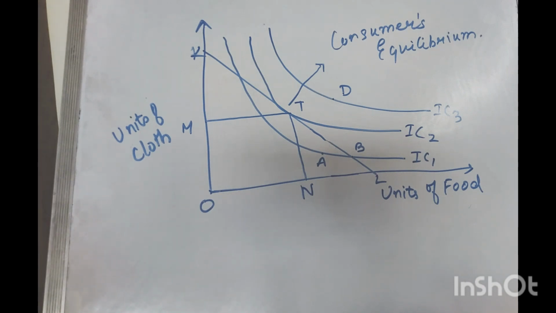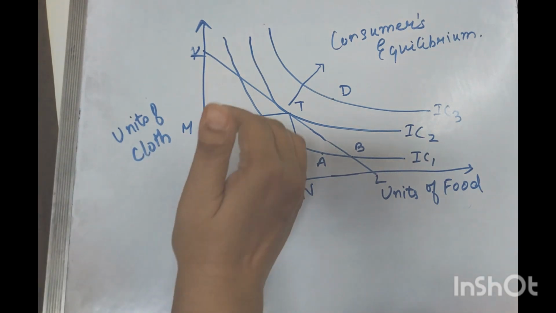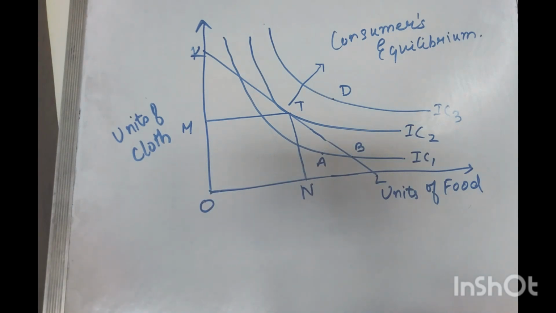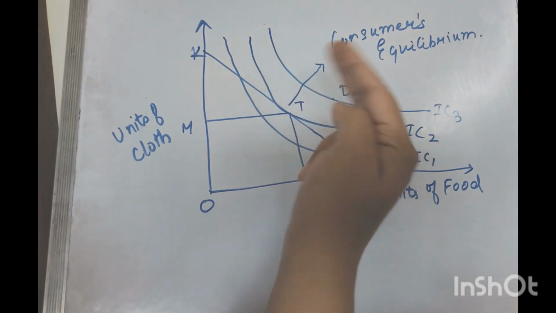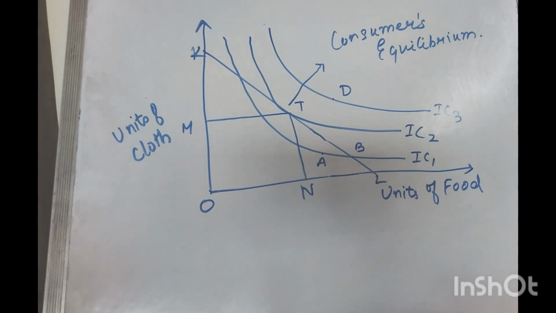The consumer will not purchase any commodity which is to the right of the budget line. Why? Because it is out of the reach of the consumer.